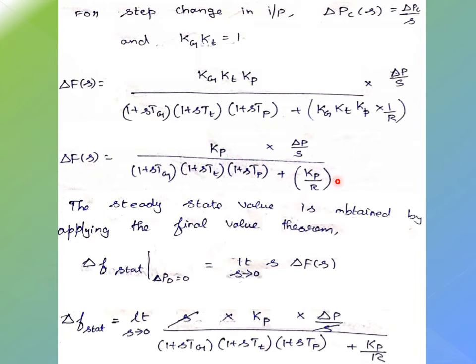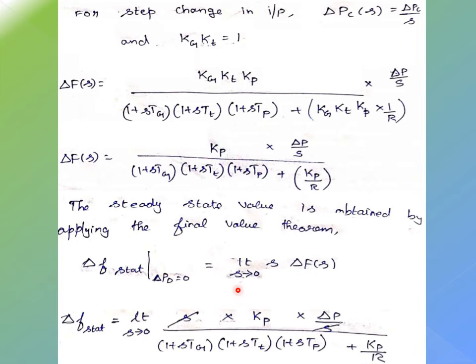The steady state value is obtained by applying the final value theorem. So the final value theorem is limit s tends to 0 of s into del F of s. So for this equation we have to apply limit s tends to 0 of s into del F of s. That will give you the steady state value, that is your del F static.